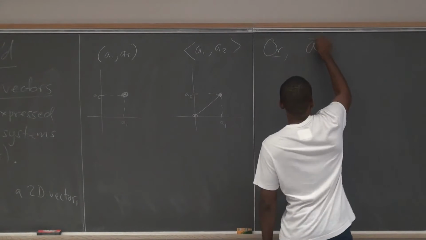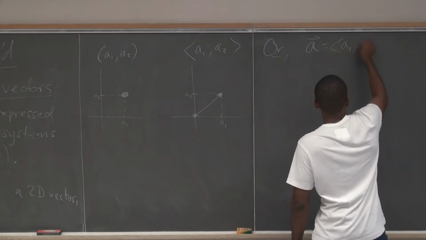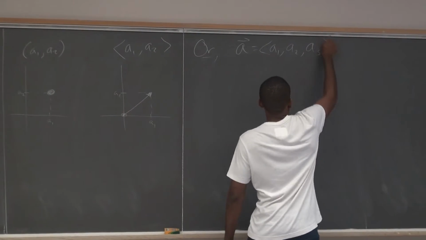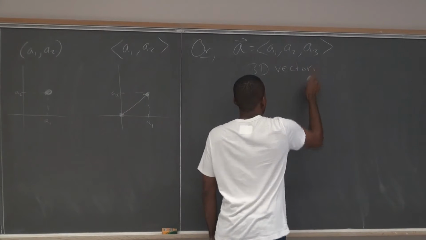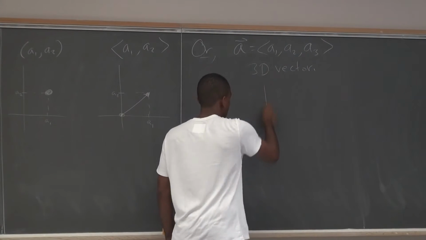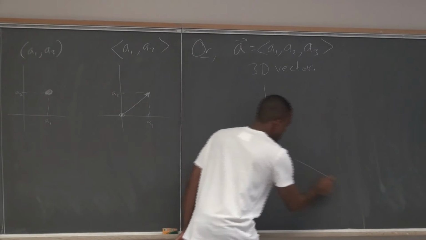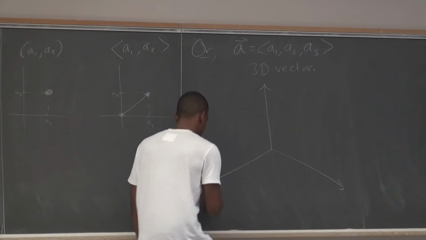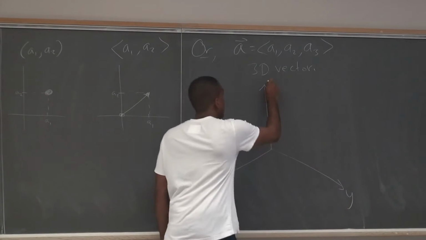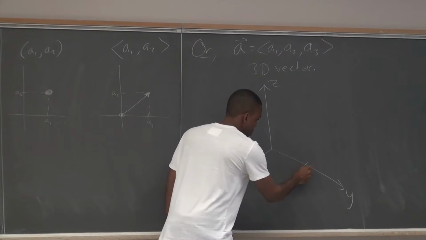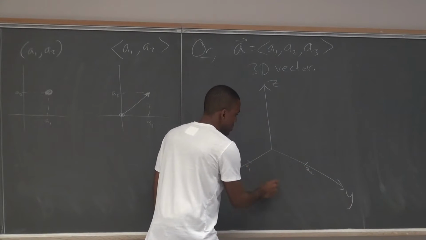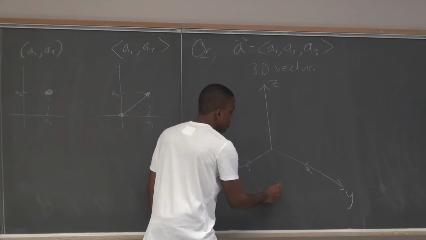I can do something like A is equal to components A1, A2, A3, and this is a 3D vector, in which case if I'm graphing something like that, find A1 on the x-axis, find A2 on the y-axis, so I know those guys will meet somewhere in the xy plane.